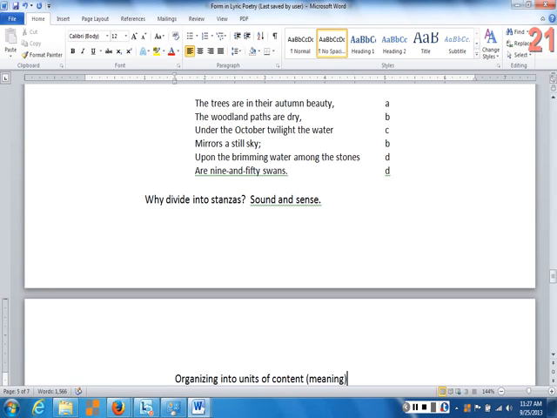Now, we need to note something here about this stanza that I haven't mentioned yet. What I have said is that in metrical rhyming poetry, stanzas are generally all of the same length. So I believe in The Wild Swans at Coole, for example, there are 5 stanzas, each stanza having 6 lines, sestets.